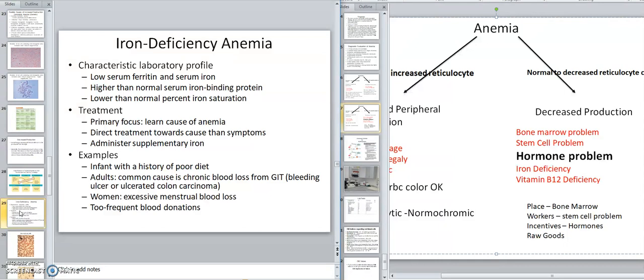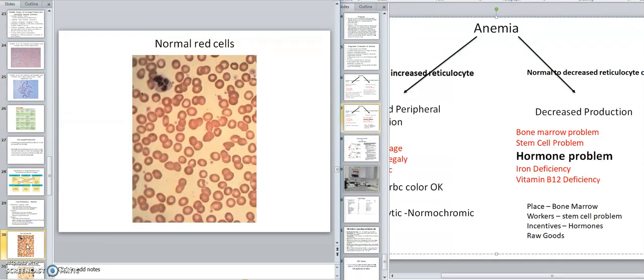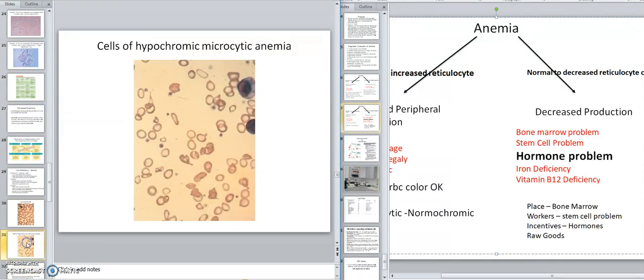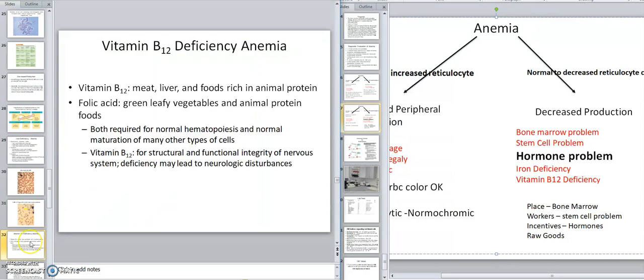So the cells wouldn't have enough iron, and therefore the size and color, they would be hypochromic microcytic. So that's normal red blood cells. Here's a hypochromic microcytic. See, not enough red. That would be how the cells would look if it was an iron deficiency.